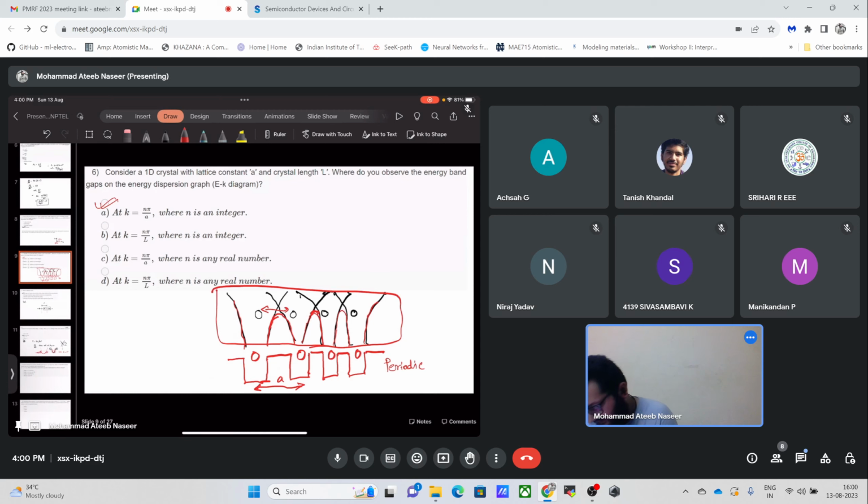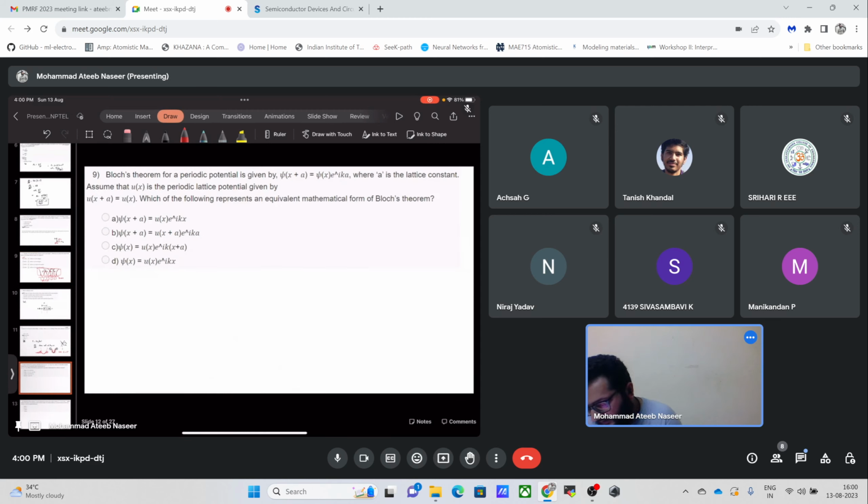Bloch's theorem says that the wave function at some point a, which is a lattice constant, is given by psi of x e to the power iota k a. It has to do with the probability only, because the probability at x equal to 0, let's say, and x equal to a has to be one and the same for the periodic lattice.